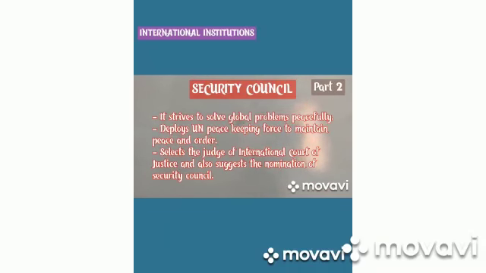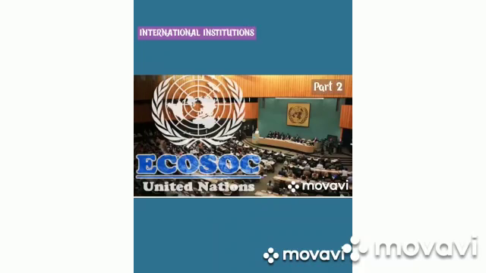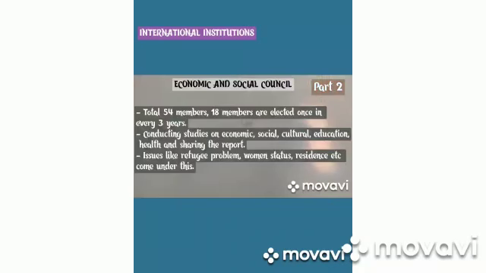Now moving on to the third body of the UNO, that's the Economic and Social Council. It has a total of 54 members. 18 members are elected once in every 3 years.